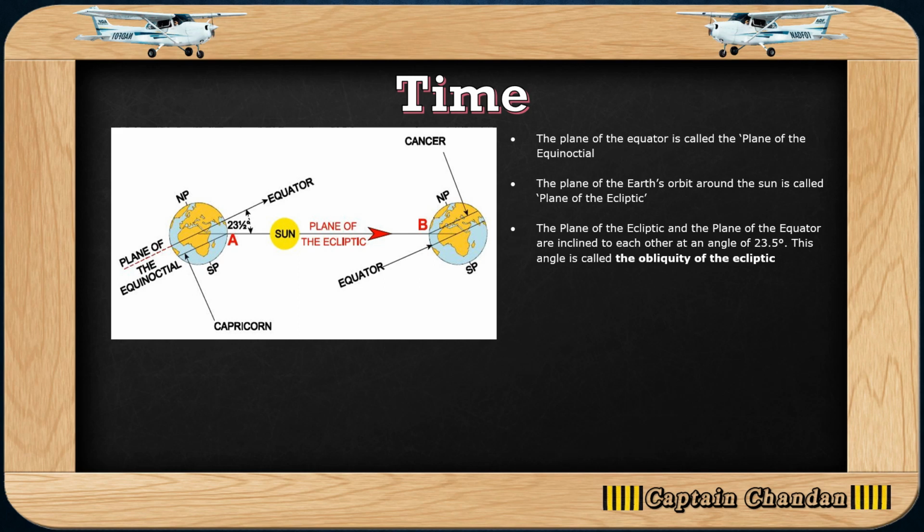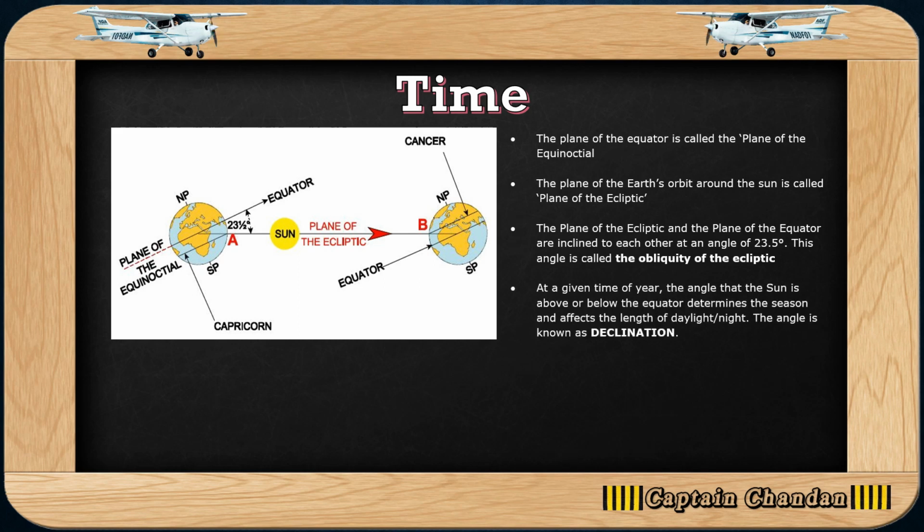obliquity of ecliptic. At a given time of year, the angle that the sun is above or below the equator determines the season and affects the length of day and night. The angle is known as declination.